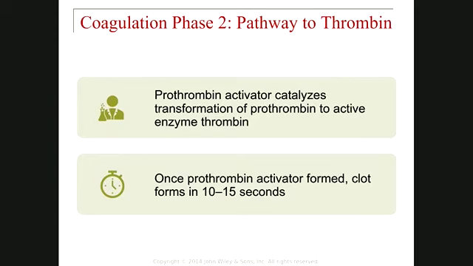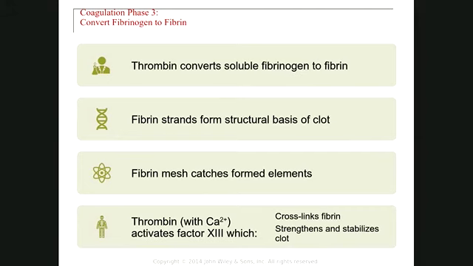So the prothrombin activator catalyzes the conversion of prothrombin to thrombin, and once prothrombin activator forms, the clot forms in 10 to 15 seconds. And as I told you, thrombin can convert soluble fibrinogen to fibrin. Fibrin strands form a structural basis of the clot for us.